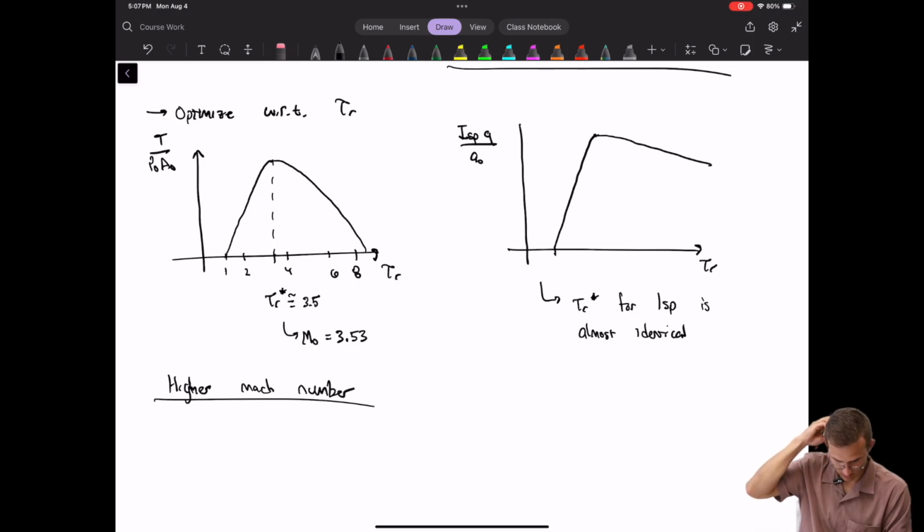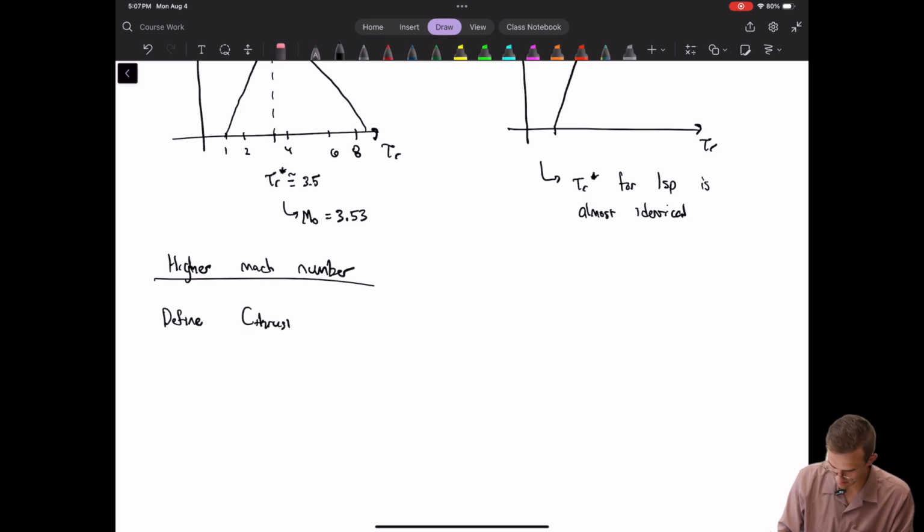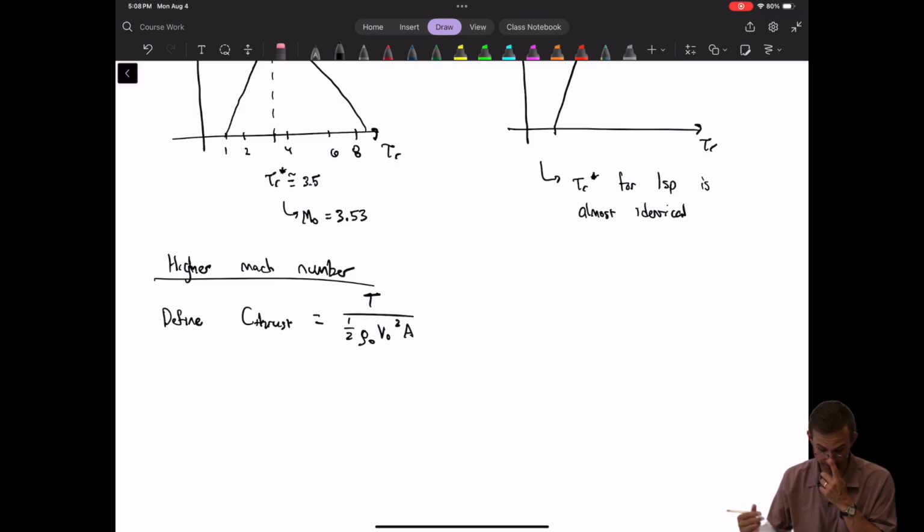We're just going to define really quickly this coefficient of thrust, which is T over basically your dynamic pressure force, the same thing that we always do for a coefficient of lift, for example.